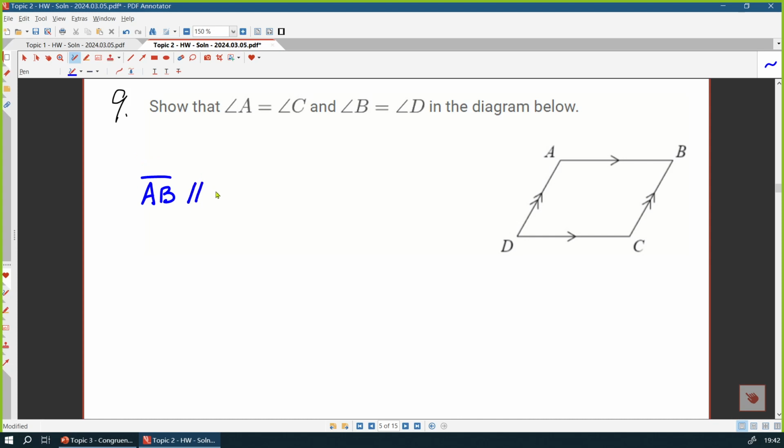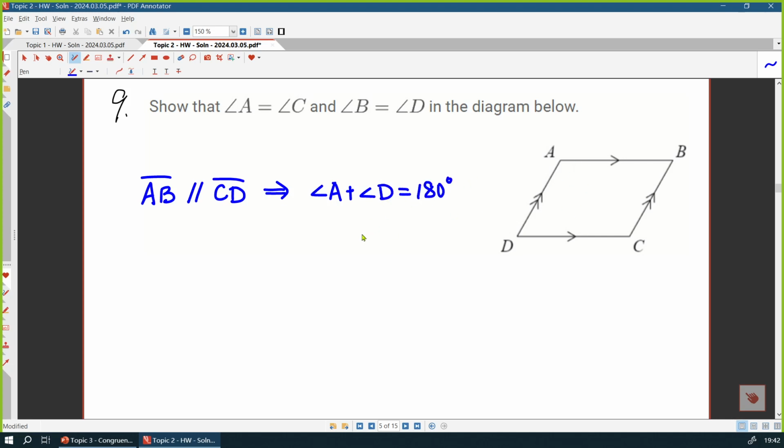First of all, line AB, note that these two arrows indicate these two lines are parallel, right? So line AB is parallel with line CD. So this gives us angle A plus angle D equals 180 degrees, right?